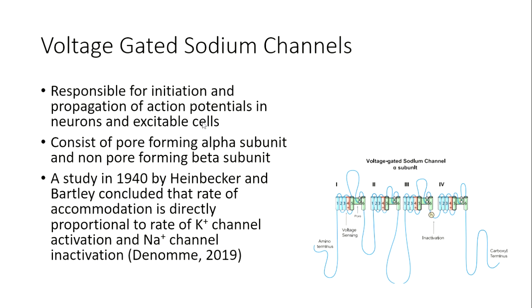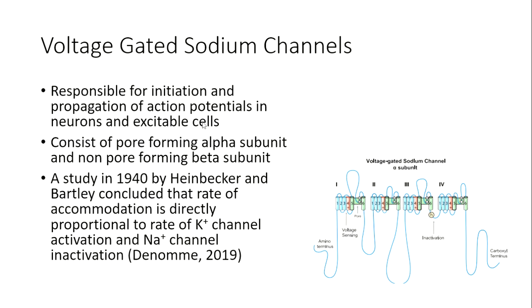These channels usually consist of a pore-forming alpha subunit as well as a non-pore-forming beta subunit, which tends to be smaller in size. The alpha subunit usually plays a role in ion conduction as well as voltage sensing, while the beta subunits tend to have many roles, including modification of channel expression, gating, localization, and many more.